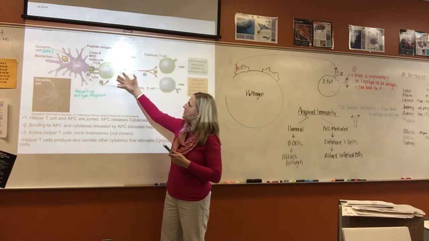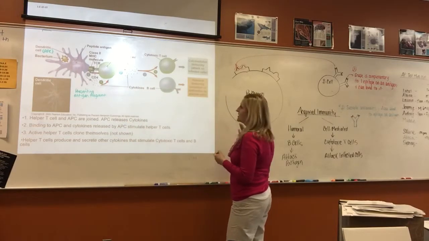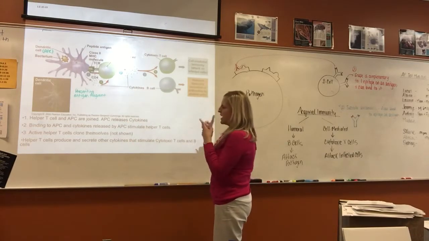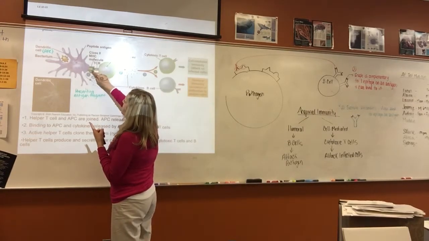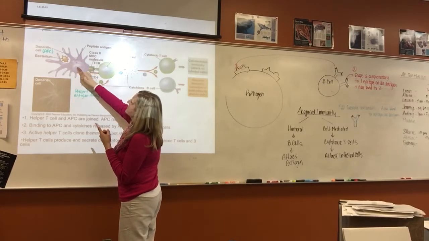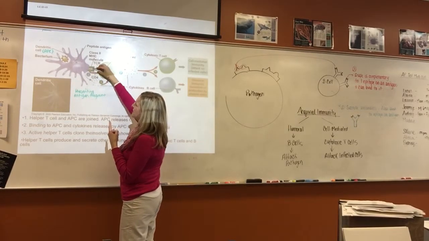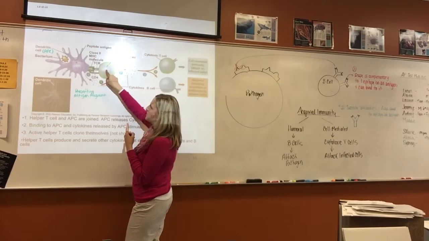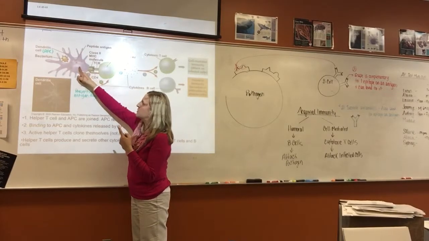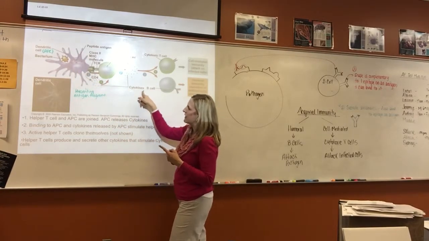And so in comes the helper T cell. The helper T cell comes over to the APC, and two things happen as a result of that. The APC stimulates the helper T cell by doing two different things. When the helper T cell binds to it, that's one way that this cell is communicating with the helper T cell. The second way it's communicating is the APC releases those chemicals called cytokines.